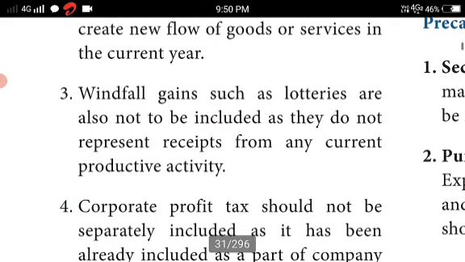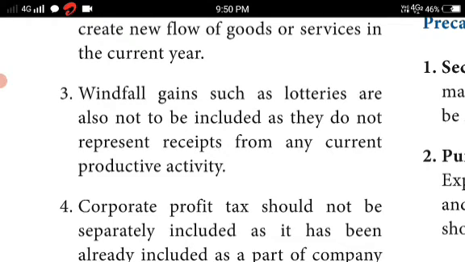Windfall gains such as lotteries are not to be included as they do not represent receipt from any current productive activity. Okay, this is not a productive activity.